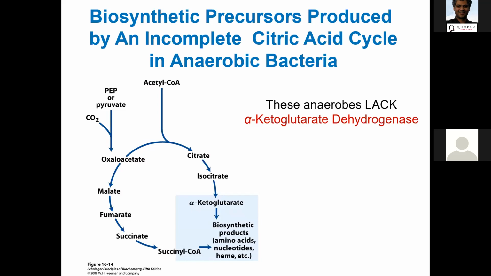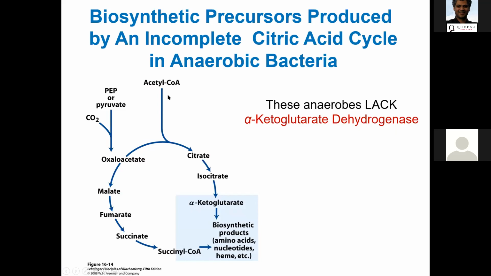For example, in anabolic pathways, synthesis of new proteins, new enzymes, heme, etc. So some of these anaerobic bacteria, if you look at their genome, you will see that they lack an enzyme called alpha-ketoglutarate dehydrogenase. That's a very important enzyme of the citric acid cycle, right? That's the third step, an irreversible step.